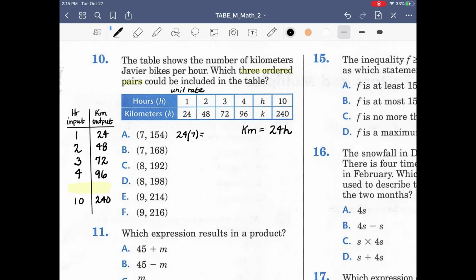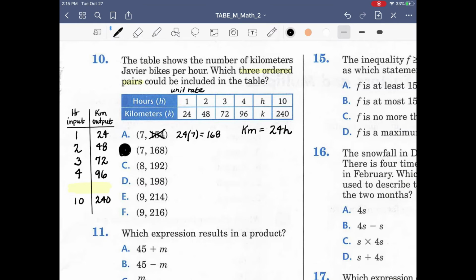Remember, we can do that. 24 times 7 is 168. So this is not right. It's not 154, but it is B, 168. So when the input is 7, the output is 168.